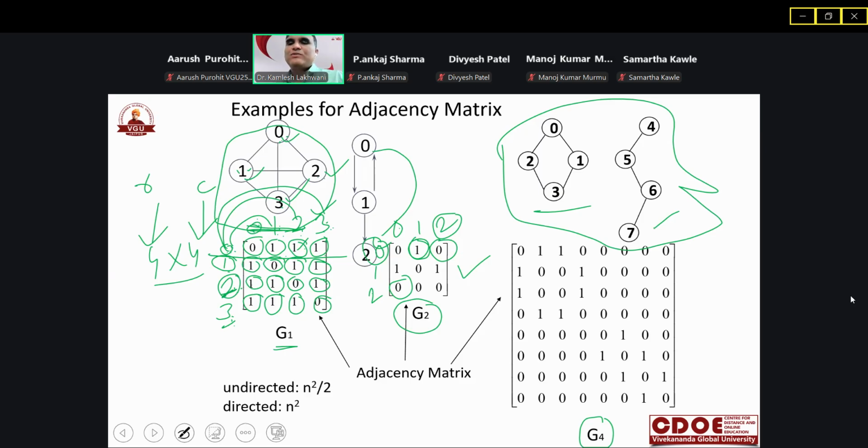It can also be represented in an adjacency matrix because there are a total of 8 nodes over there. So we have created an 8 cross 8 matrix. So 0 means there is no direct edge. 1 means there is a direct edge between the nodes. Right?